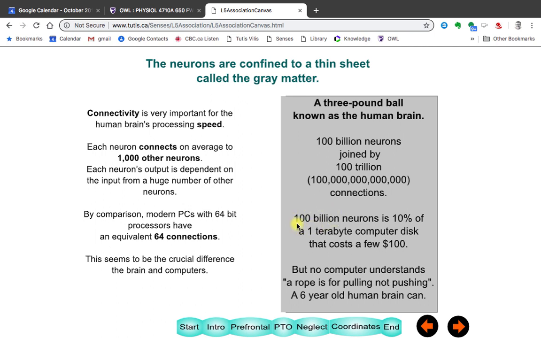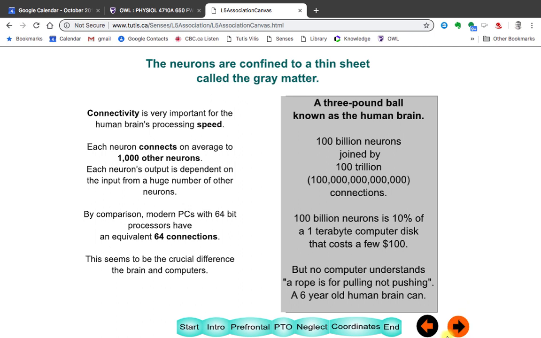So 10 billion neurons, each with 1,000 connections, gives you 100 terabytes of connections. And most computers have a terabyte of disks attached to it, some 4, some 5, but we have 100 terabytes of connections.